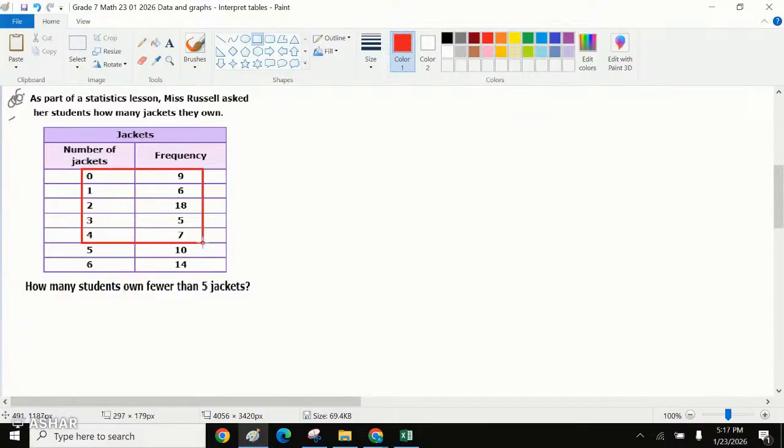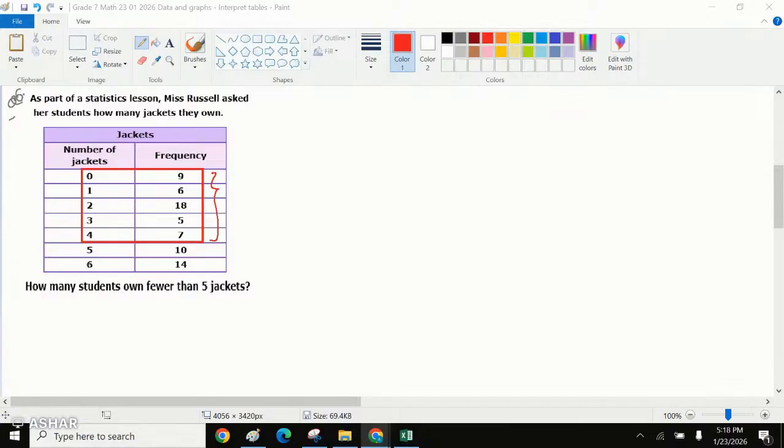That means for these numbers of jackets, when we add the frequencies, what would be the total of the frequency? Can anyone help me out? That means it would be 9 plus 6 is 15, plus 18, that is 33, plus 5, 38, plus 7, right?